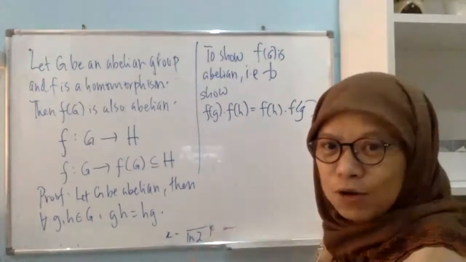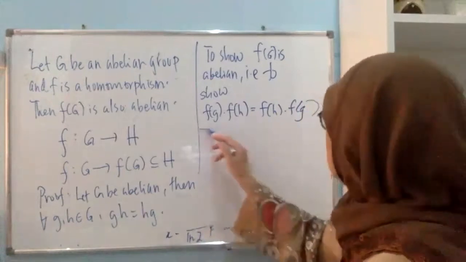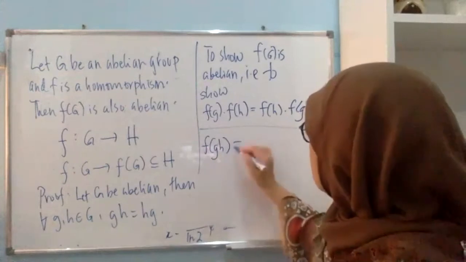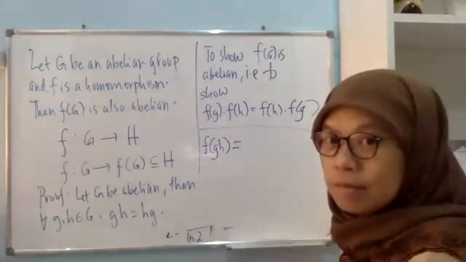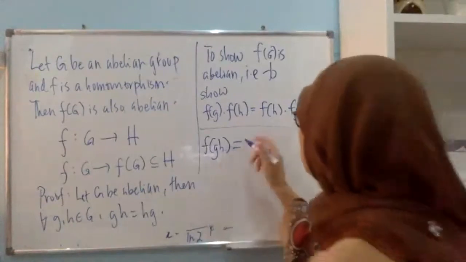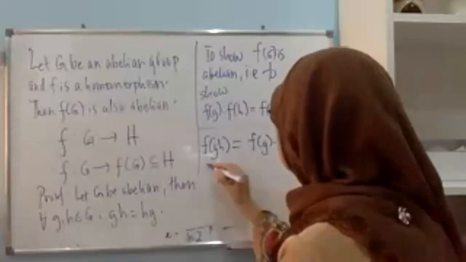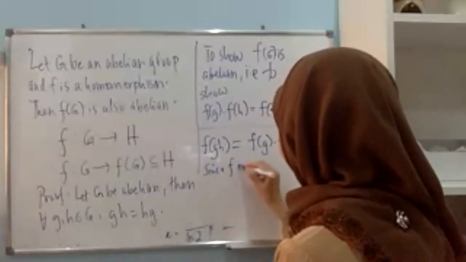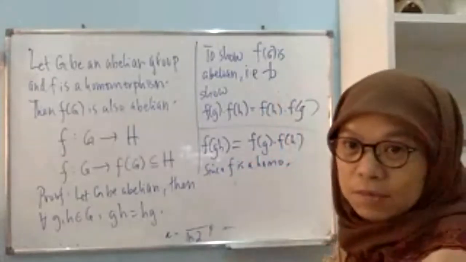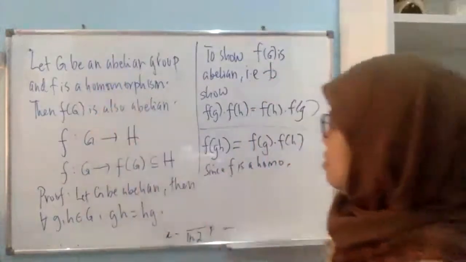Okay, if you write out what you have and what you want to show, maybe it's easy, right? So we take this, and this is equal to this, since f is a homomorphism, right? It's a homomorphism. Okay.